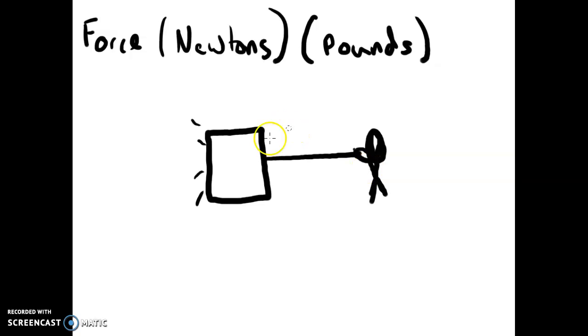Okay, so back to our example with this box, right? I might pull this box with a force of, let's say, 5 newtons.